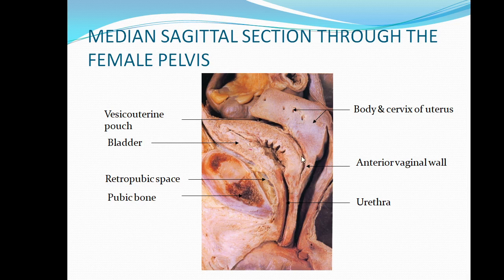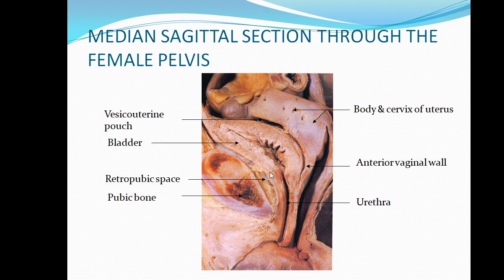This is related to the cervix and the anterior wall of the vagina, and the peritoneum reflects from the superior surface onto the anterior surface of the body of the uterus, forming the vesico-uterine pouch.